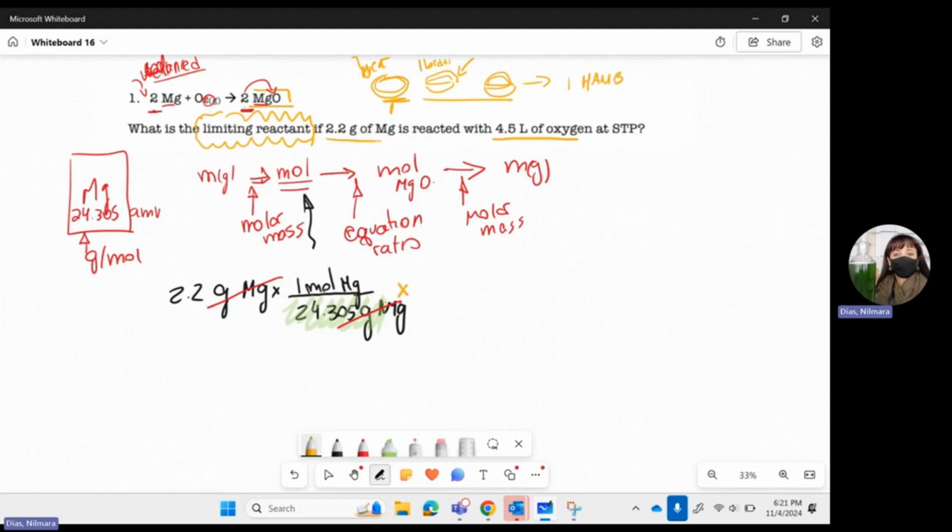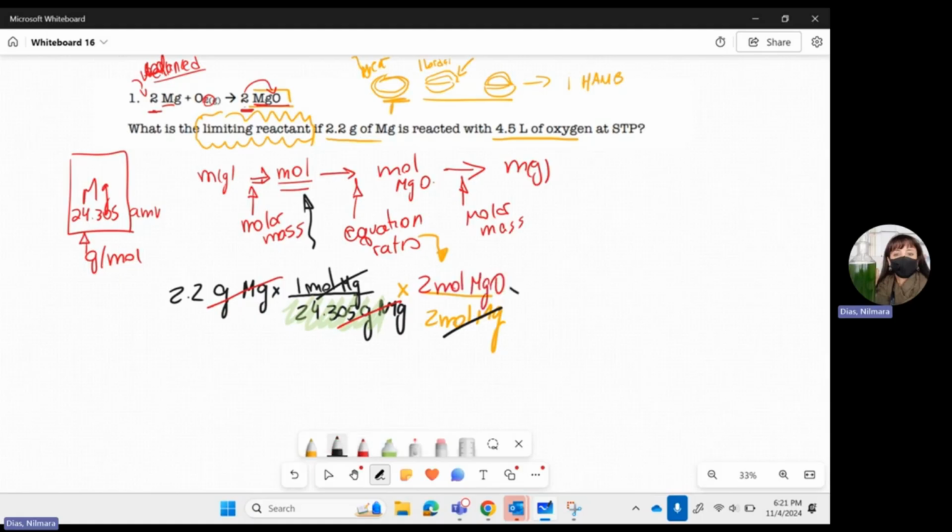Now I need the mole ratio, the equation ratio. So I have 2 moles of magnesium. Why am I putting it down here? Because I want to cancel this with this, since what I'm looking for is the magnesium oxide. So I have 2 moles of magnesium oxide.